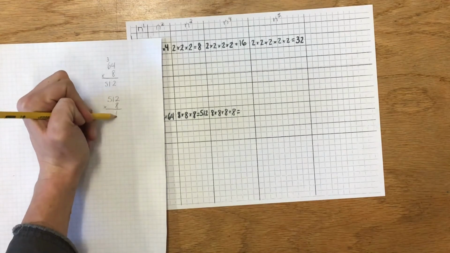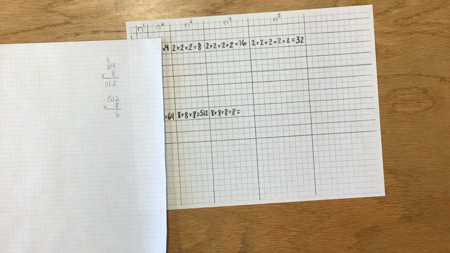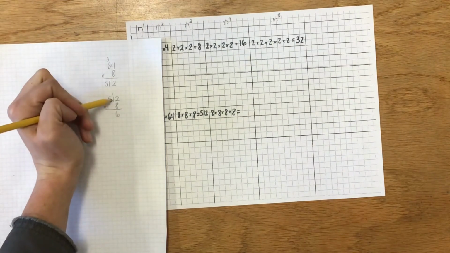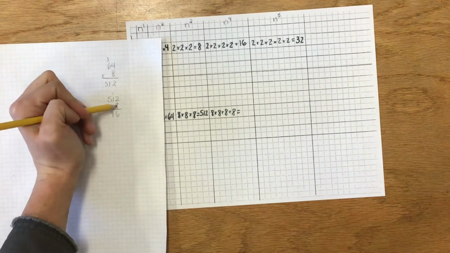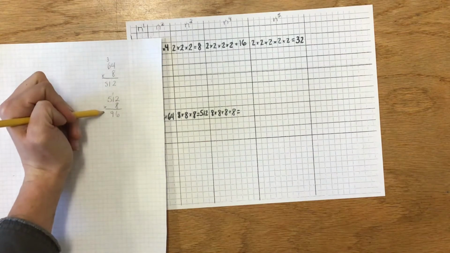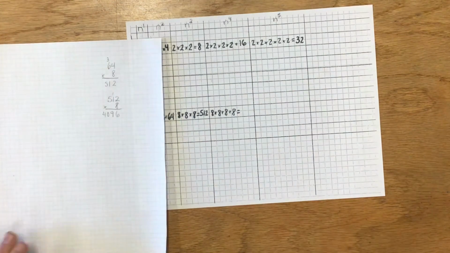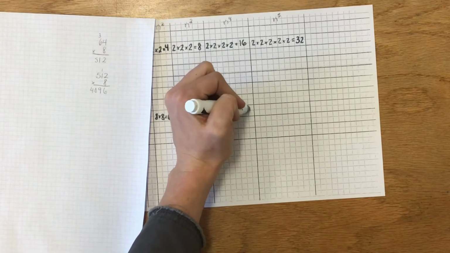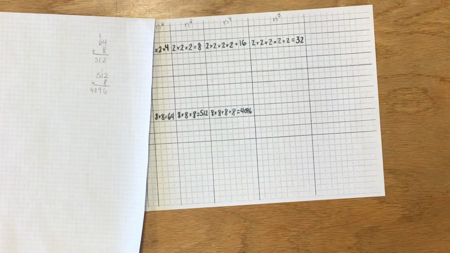Eight times 2 is 16. Make sure you can see this. Yep. 8 times 1 is 8, plus 1 is 9. 8 times 5 is 40. So 4,096 is 8 to the power of 4.